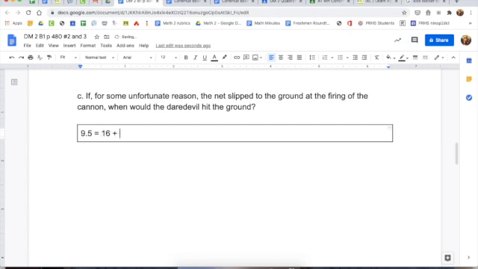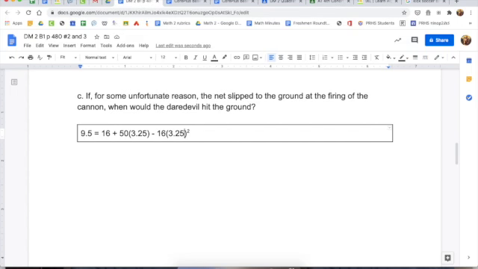So this would be 16 plus 50t minus 16 times 3.25 squared, where t is 3.25. We already know that that works in the equation.